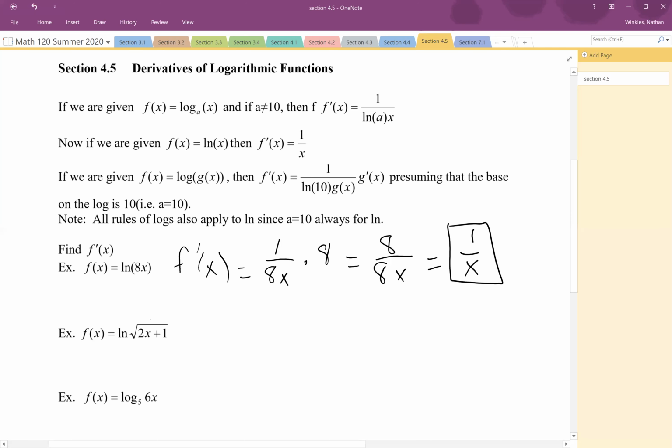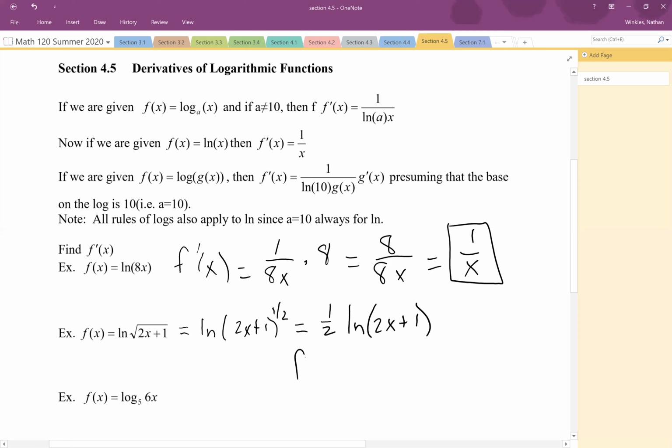For our next case, the natural log of the square root of 2x plus 1, we could make this the natural log of 2x plus 1 raised to the 1/2. By log rules, so we don't have to use the chain rule, this would be 1/2 natural log of 2x plus 1.